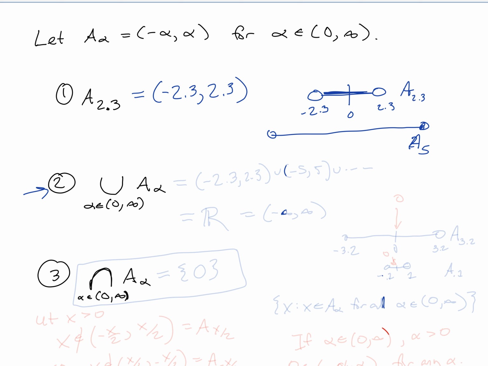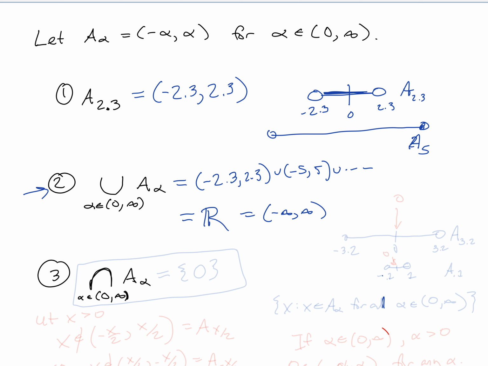So if we union all things like that together, we get the union of negative 2.3 to 2.3 with negative 5 to positive 5 with and so on. I can't write these out in order. There are an uncountably infinite number of those sets. But if we union them together, what do we get? In this case, we get the set of all real numbers, or in other words, the open interval from negative infinity to positive infinity.